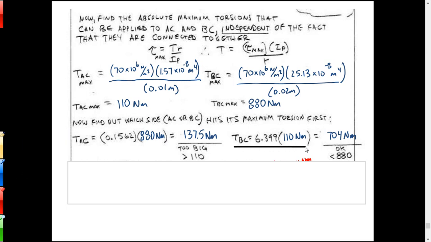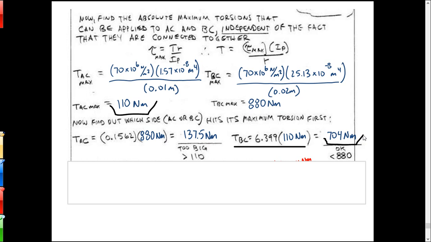And then TBC is 6.399 times that. So if TAC goes to 110, which is its maximum allowable value, TBC is 6.399 times that, it's 704. Okay? So what that's getting me are what the two torsions are. And if TAC is 110, the shear on that side is 70 megapascals, and that's as high as AC can go.